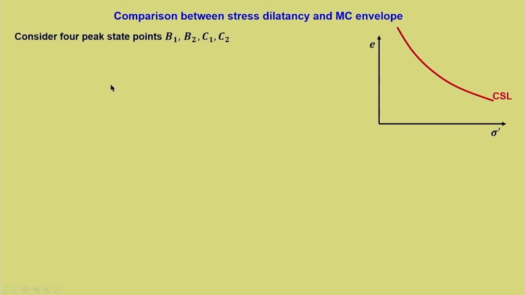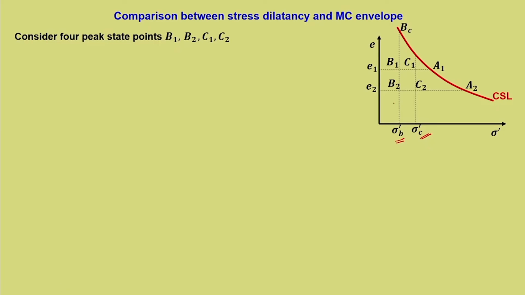Another aspect which we need to discuss is stress dilatancy and the Mohr-Coulomb envelope. Let us consider four peak state points: B1, B2, C1, C2. Corresponding to e1 we have A1, and e2 gives A2, which is the point on the critical state line. Corresponding to sigma dash B, we have B1 and B2, and corresponding to another reference effective stress, sigma dash C, we have C1 and C2.